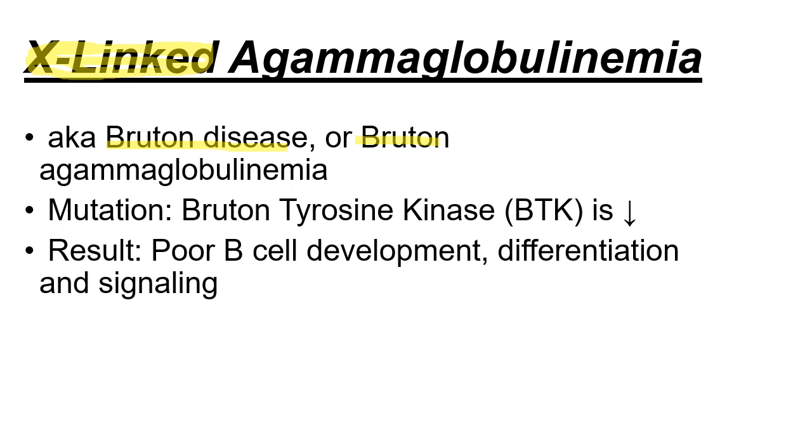Sa female naman, kung defective yung isa, may magsisave na healthy X. So, hindi prominent yung B-cell disease sa mga females. As compared sa mga male, kung defective yung isa, hindi masisave ni Y yung defective X. Kaya full-blown yung disease sa mga males.